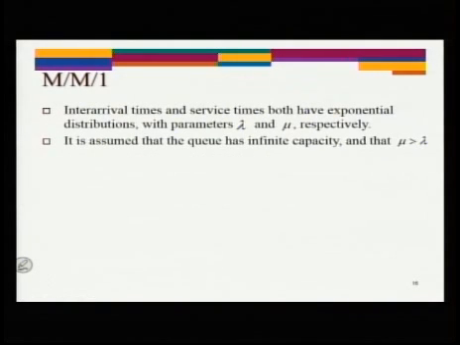Okay, so now let's talk about the M/M/1 queuing system. This is a single-server case, right? You remember the third characteristic represents the number of servers. And here the first M indicates the inter-arrival times and the second M the service times; both follow the exponential distribution, so both of them have the Markovian or memoryless property.